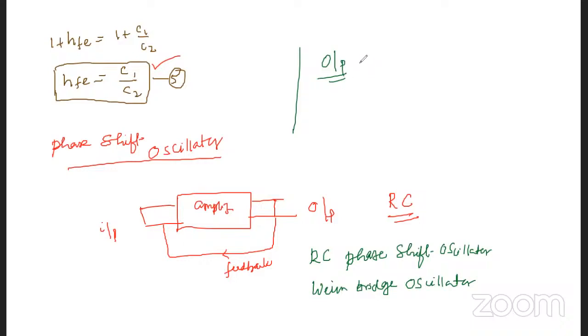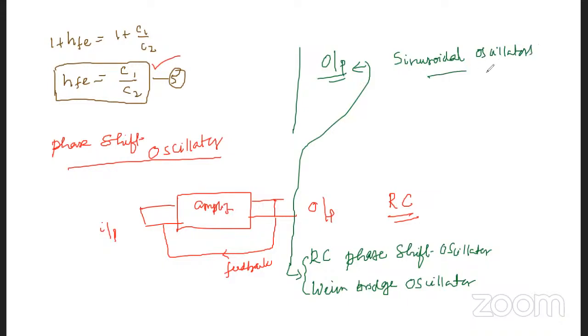The output of both of these oscillators is a sine waveform, so they are called sinusoidal oscillators.